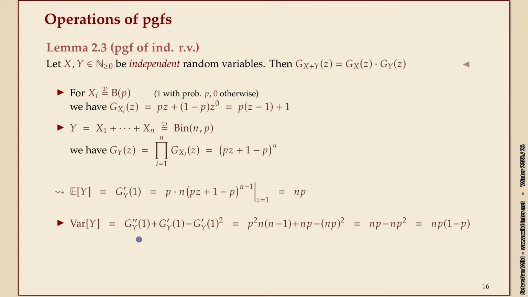You can take the formula from before. If you take the second derivative and plug in, then you get this lovely term, and the other two are the expectation minus expectation squared. And you can rewrite this in the somewhat more typical form, n times p times q, when you set q to 1 minus p. That's the one I learned in school.